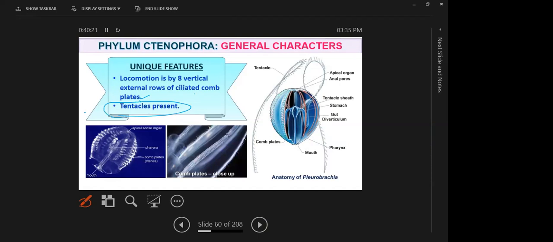From Coelenterata to Ctenophora, tentacles are exclusively a feature of Coelenterates. Here is a close-up look of the comb plates.